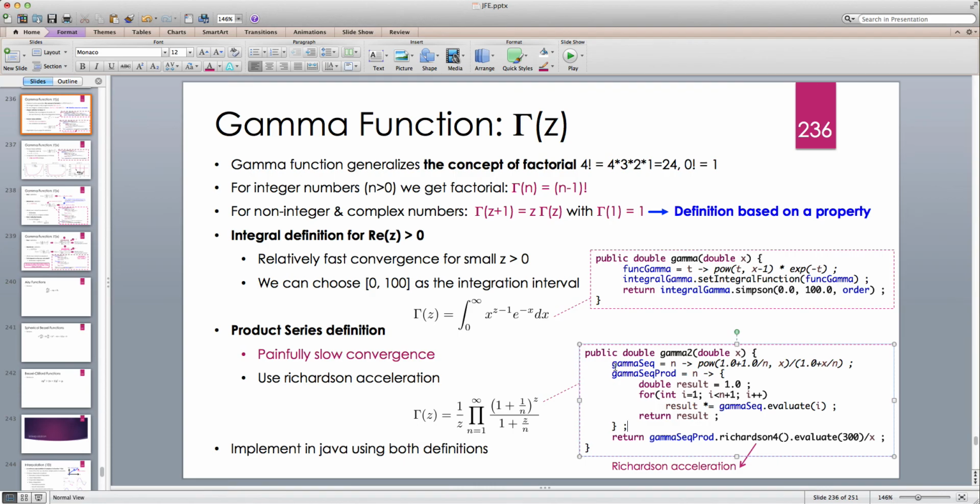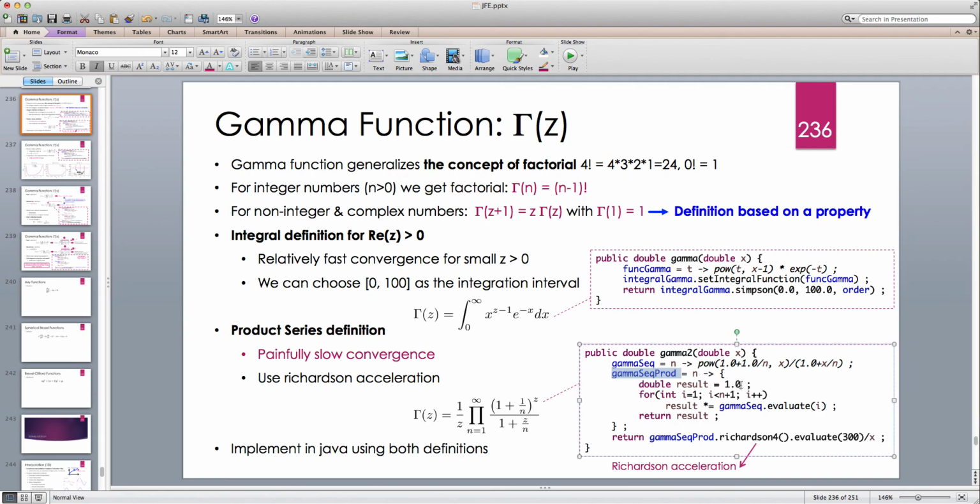So I'm creating a gamma sequence. N goes to the power, 1 plus 1 over n to the power of x, right? So this is the numerator, divided by 1 plus x over n. This is the denominator. So I define a sequence that calculates the term, and then I define another sequence that calculates the products.